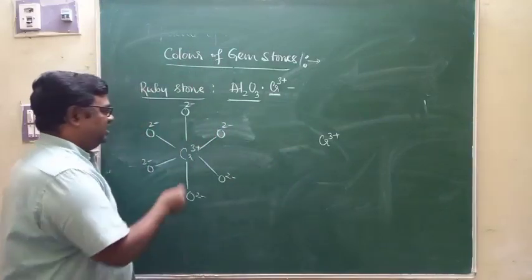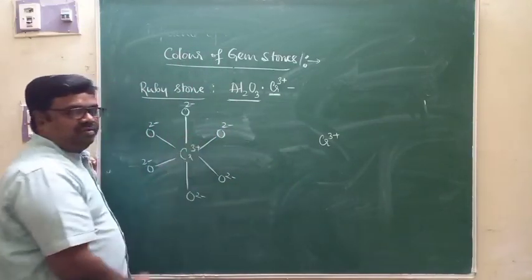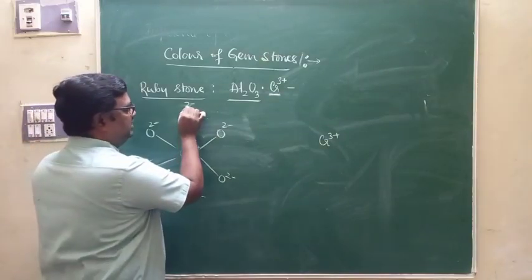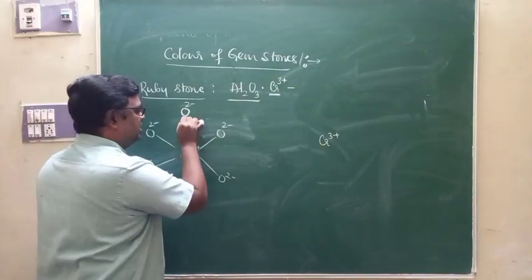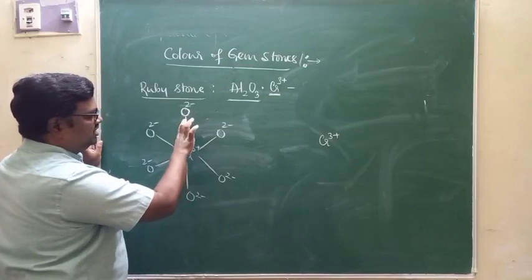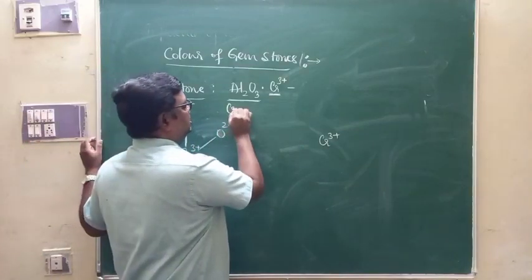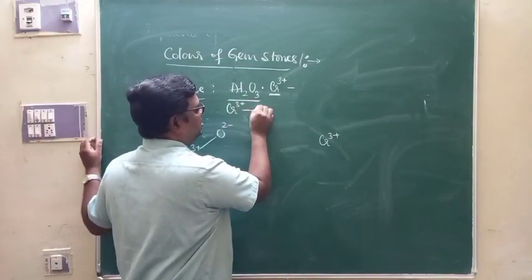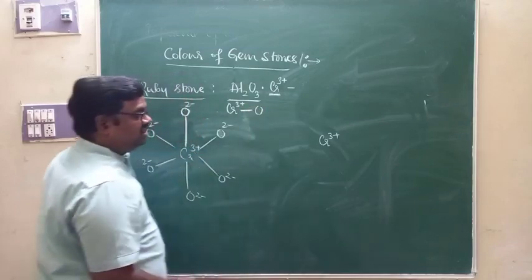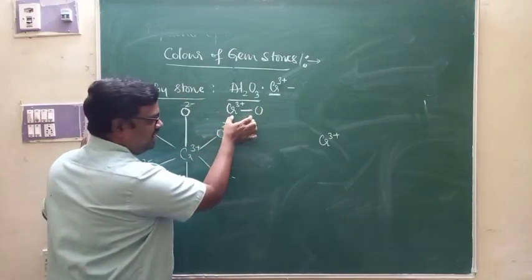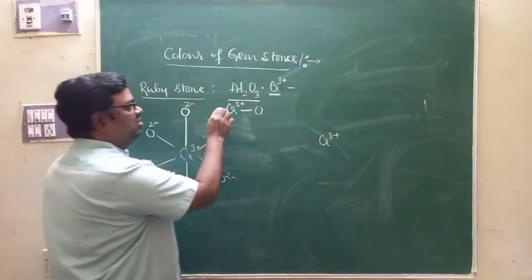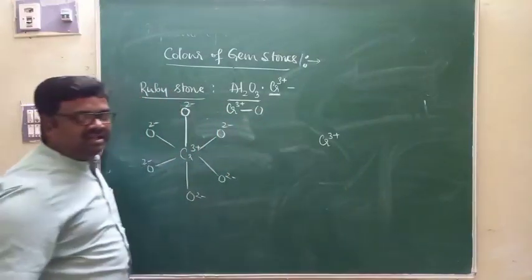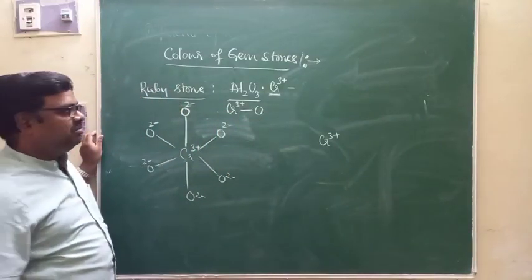As far as ruby is concerned, the distance between oxygen and chromium is less. The distance between chromium ion and oxygen is very, very less. There is a strong interaction between metal ion and ligand.